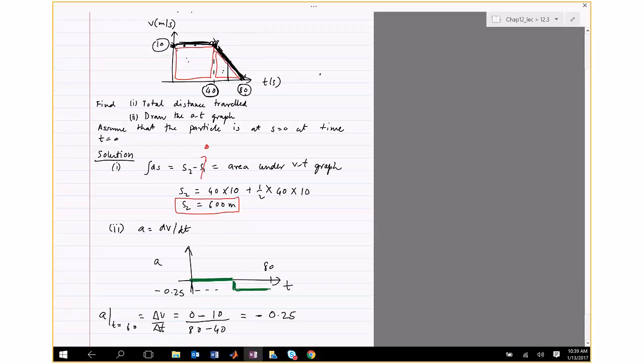Okay, so this is 40 and this is 80. So the acceleration plot is: the acceleration is 0 for 40 seconds, and then it switches to negative 0.25 all the way to 80 seconds. So that's the acceleration time plot. Any questions on that?